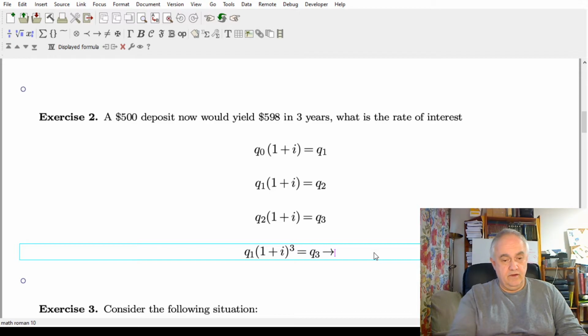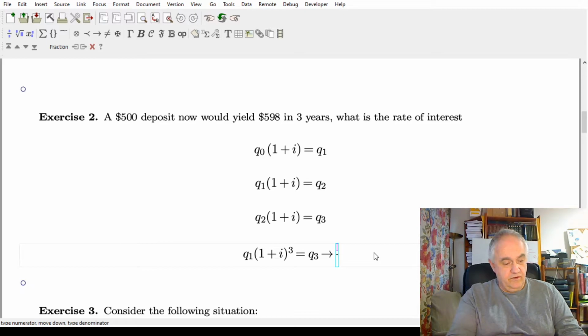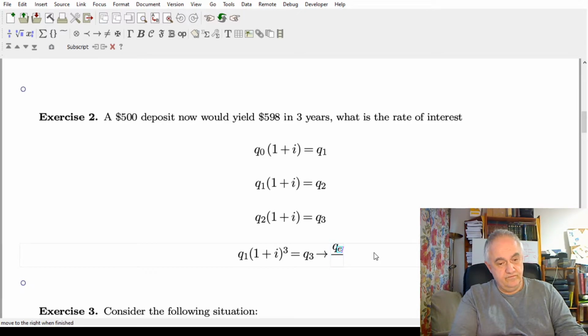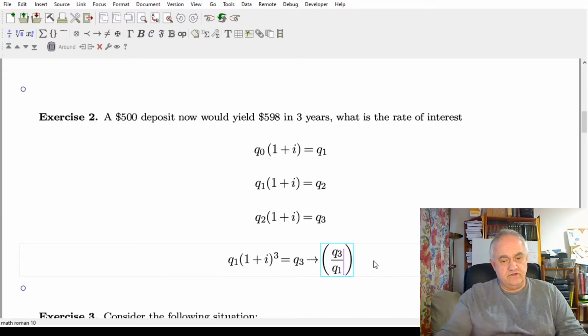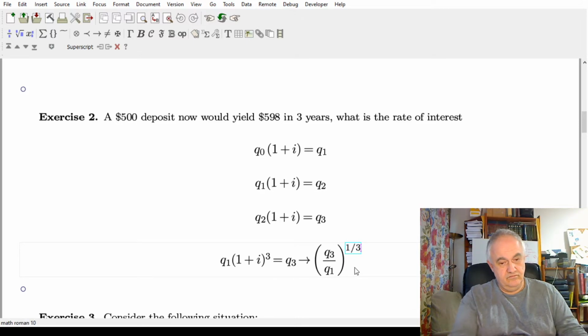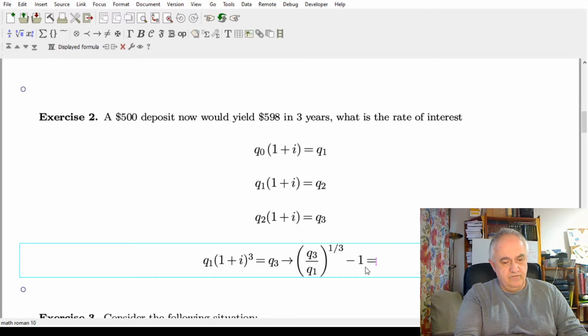If we take the fraction Q3 over Q0, introduce an exponent of 1/3 to this, minus 1 will be equal to the interest.